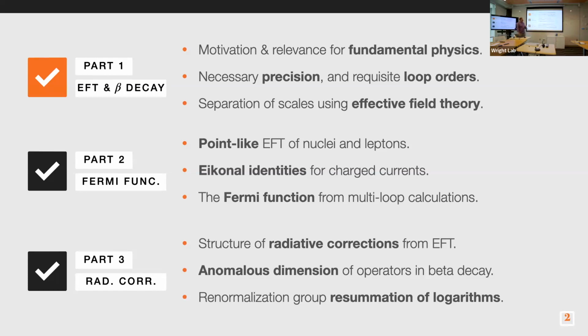Okay, so for some of these beta decay experiments, you need a lot of precision. What that ends up meaning is that for some of the corrections, you need to compute loops, like you'd learn in a quantum field theory class. The loops are going to come from exchanging photons between the outgoing positron or electron and other charged particles in the reaction. In beta decay, you have a lot of different scales.